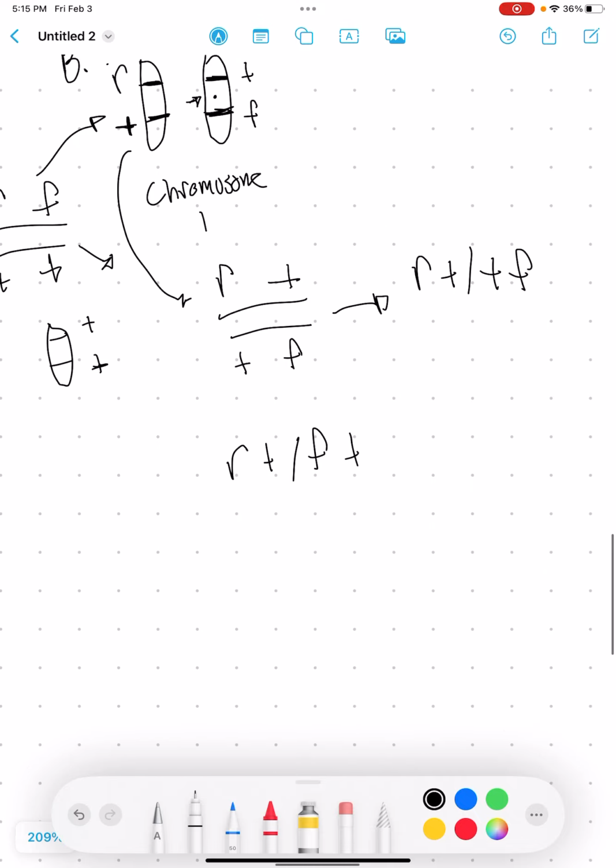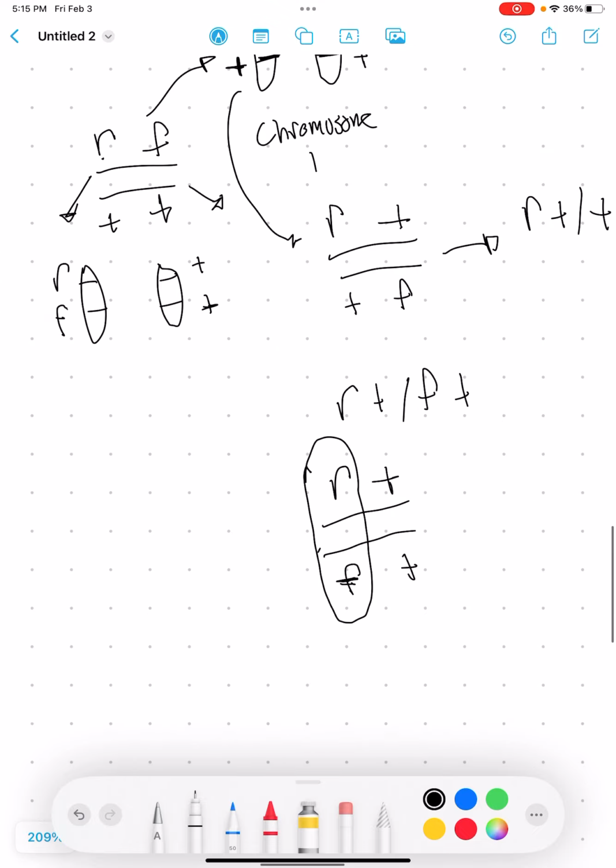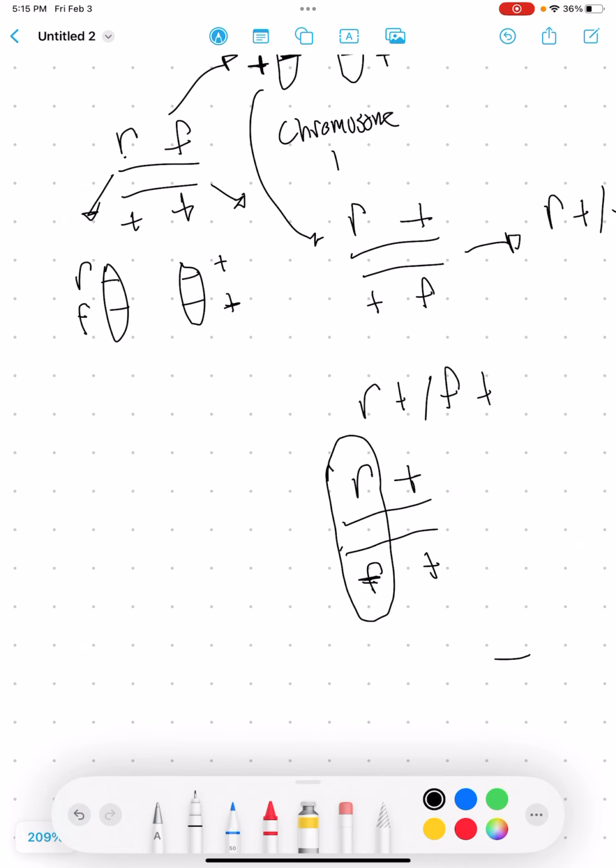Now if we were to expand on this, we'd find that if we wrote it down in the longer notation, we get R plus, chromosome F plus. But if you look closely, you can see that the R and the F are on the same loci. They're on the same area relative to each chromosome, which would mean that if I was to turn these into chromosomes, or if I was to do something like this, perhaps this will be an easier way for people to see it.